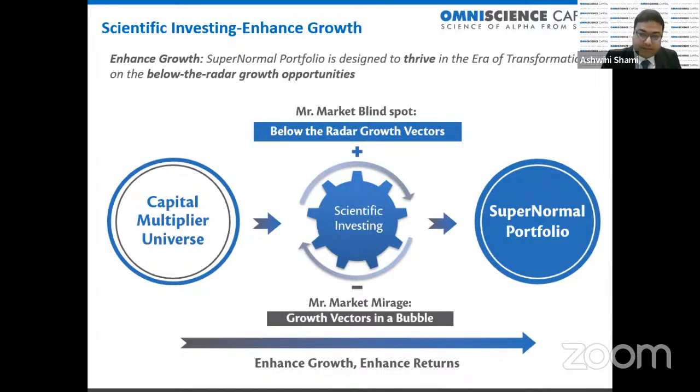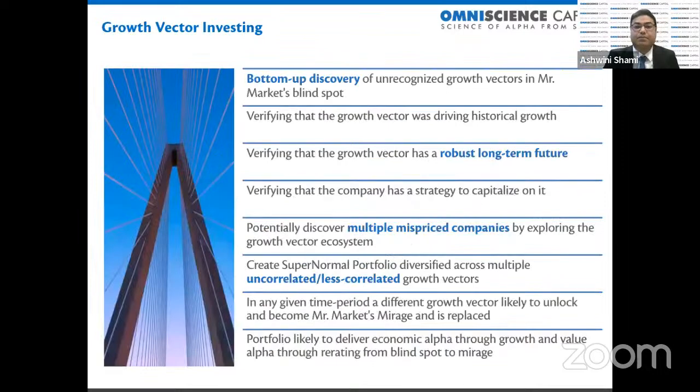How we do that is significantly different from typically, when people talk about growth, or about themes or market segments which are expected to grow, they do a top-down approach.